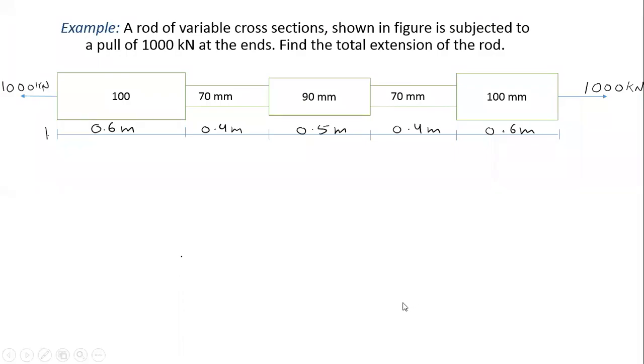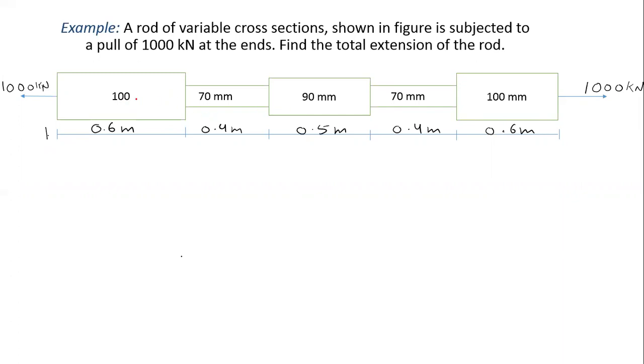So today we will take up this problem, an example of a rod which has variable cross sections. We can see that the rod shown in the figure has variable cross section. This rod consists of three sections.